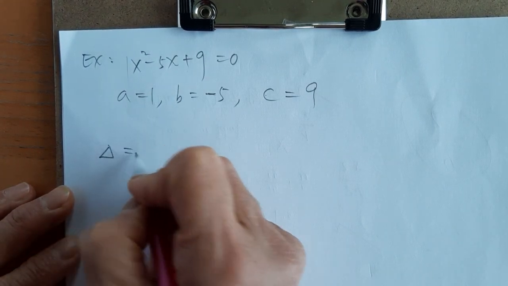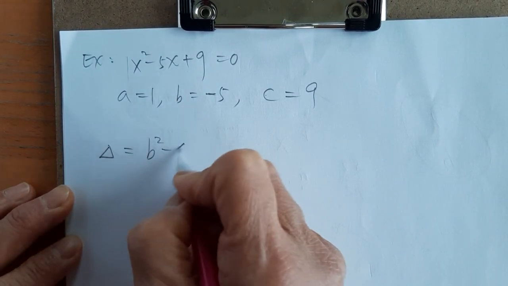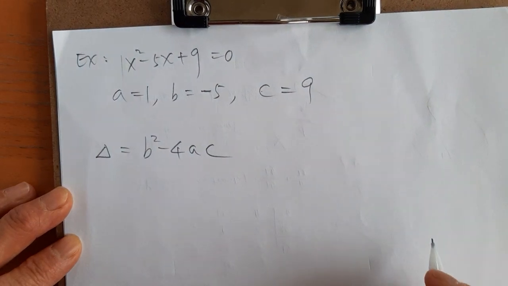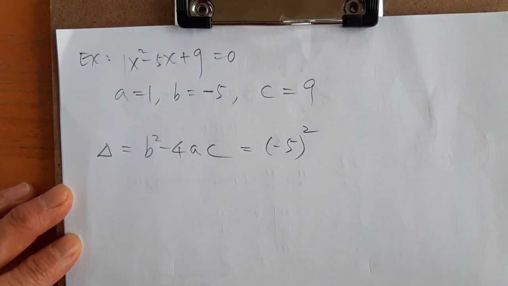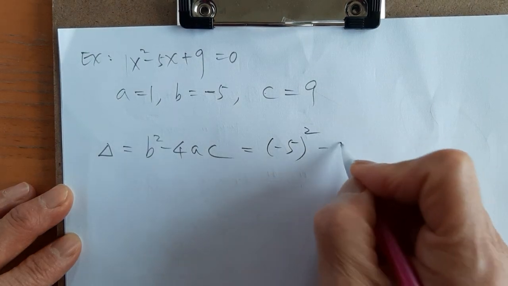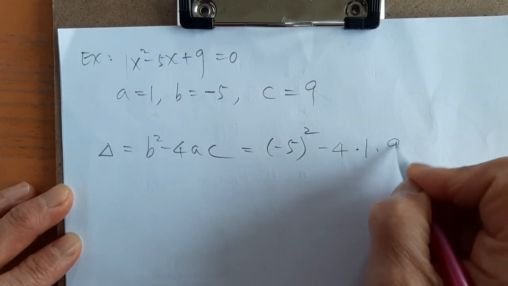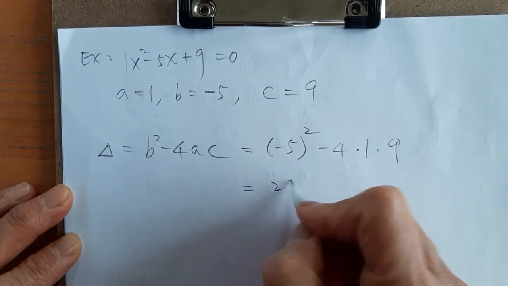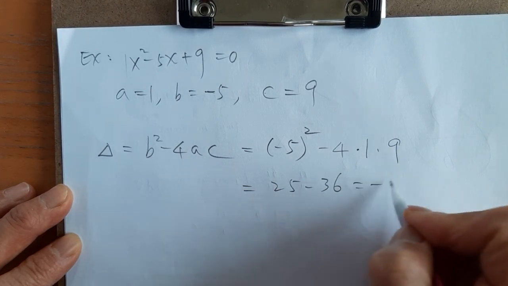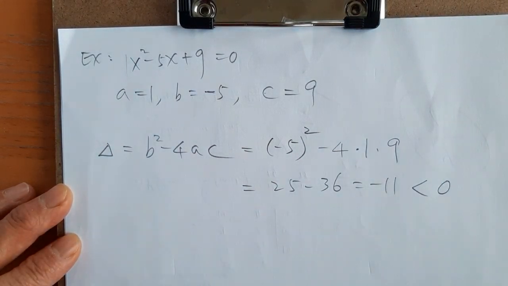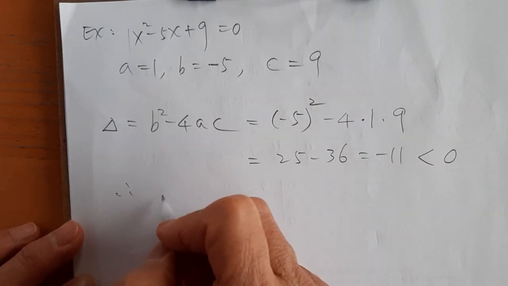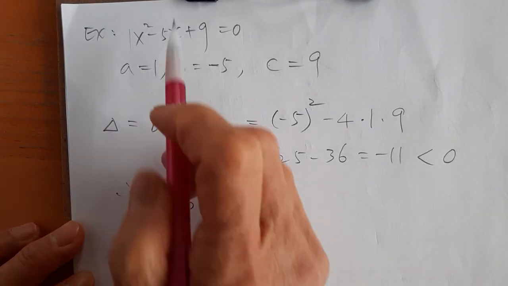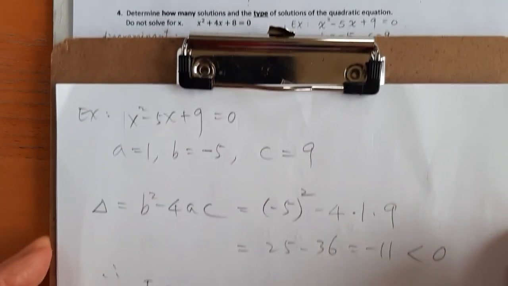Figure out delta, b squared minus 4ac. So b is -5, put it in parentheses. -5 quantity squared minus 4 times a is 1, c is 9. So that equals 25 minus 36, which equals -11. That's less than 0. Then you will answer there are 2. The question asks how many solutions.